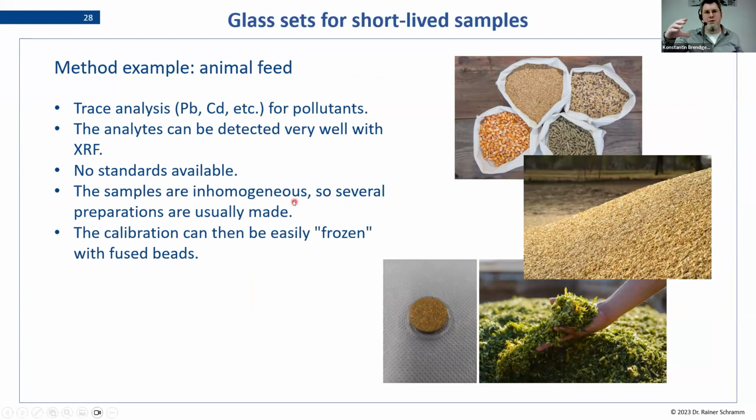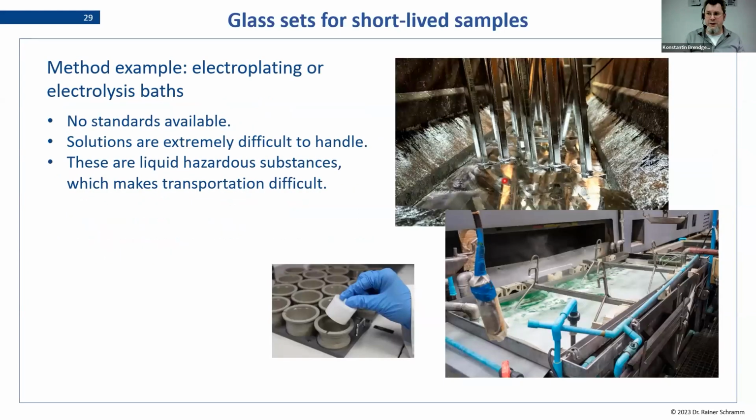So in order to have a good calibration, you usually go for multiple preparations per standard. And again, there are really no CRMs available on the market. So we have a lot of effort again going into one method, and if you want to transfer that to a different machine, a fused bead or a transfer set is a good idea.